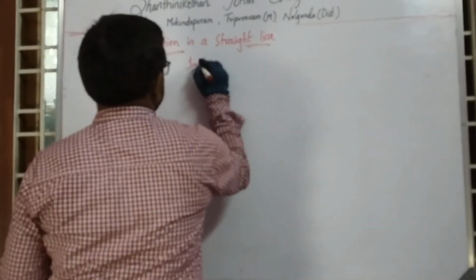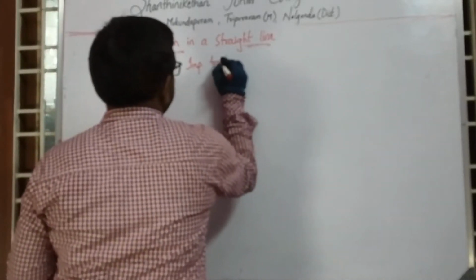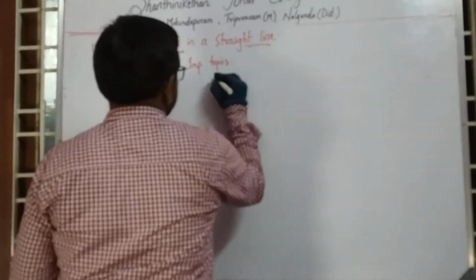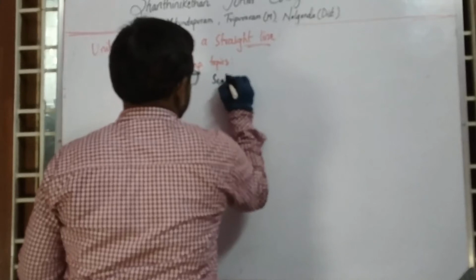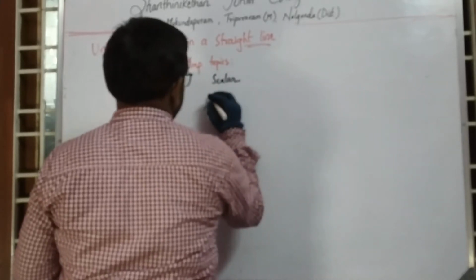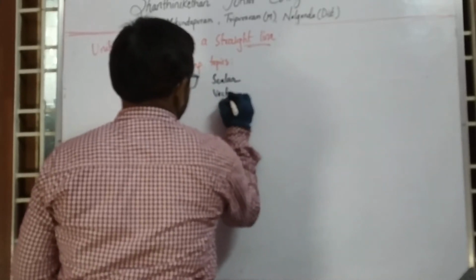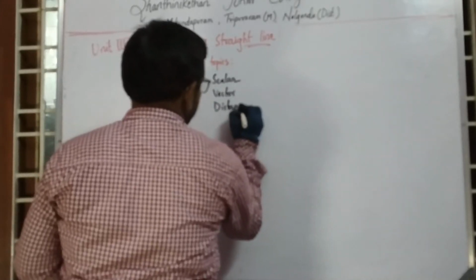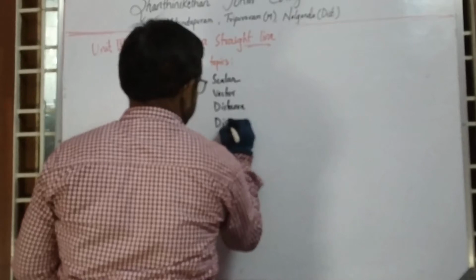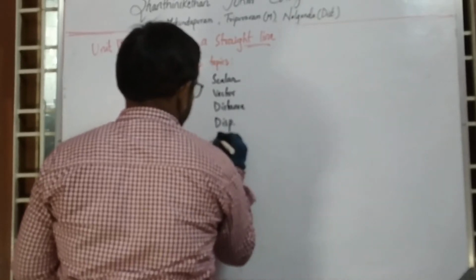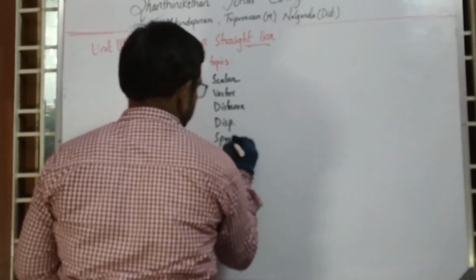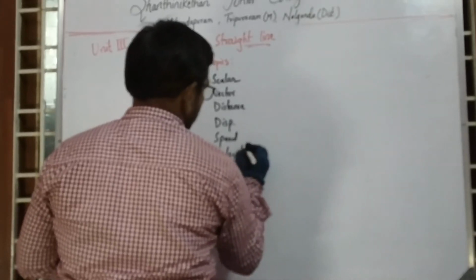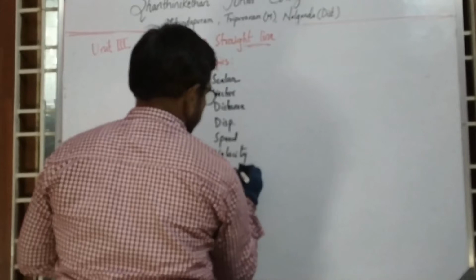What are the important topics to know in this one? What is scalar? What is vector? What is distance? What is displacement? What is speed? What is velocity? What is acceleration?